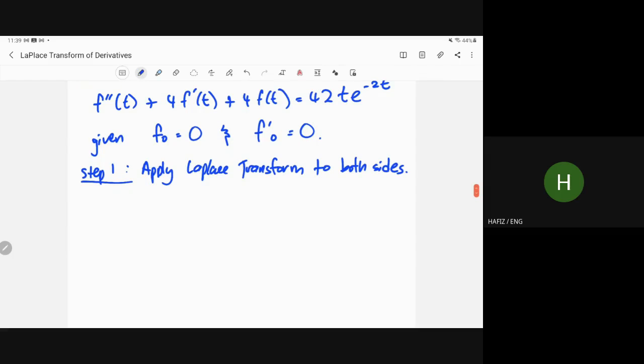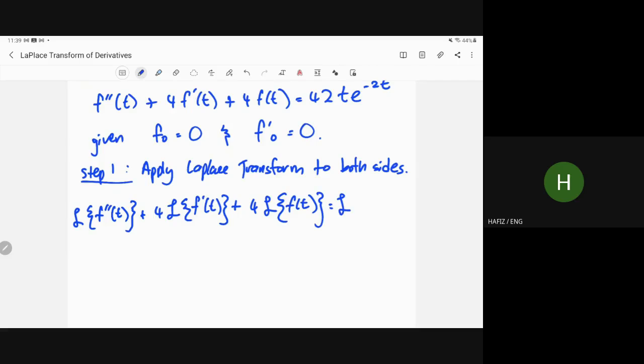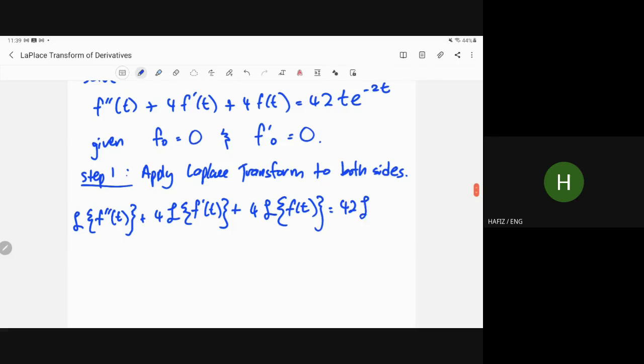That means you need to do the Laplace transform of f''(t) plus 4 times the Laplace transform of f'(t) plus 4 times the Laplace transform of f(t) equals the Laplace transform of t e to the minus 2t. So that's the first step.